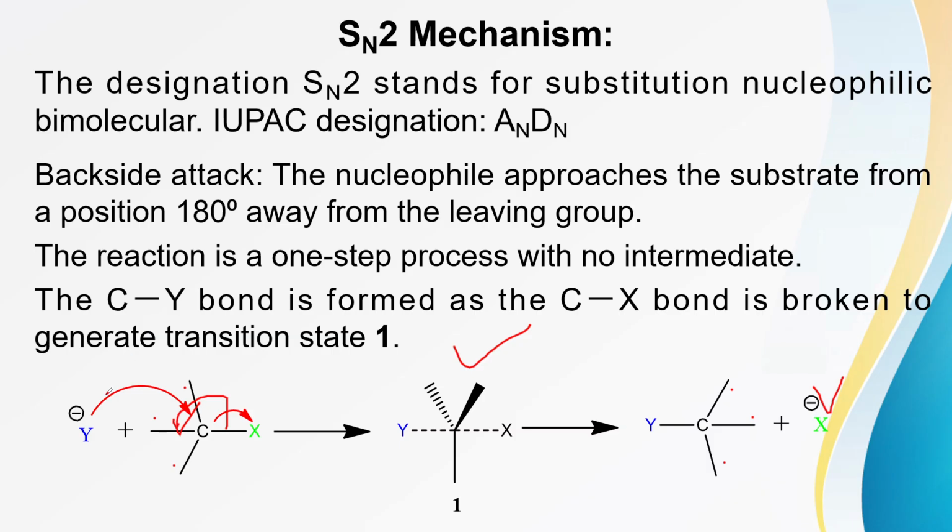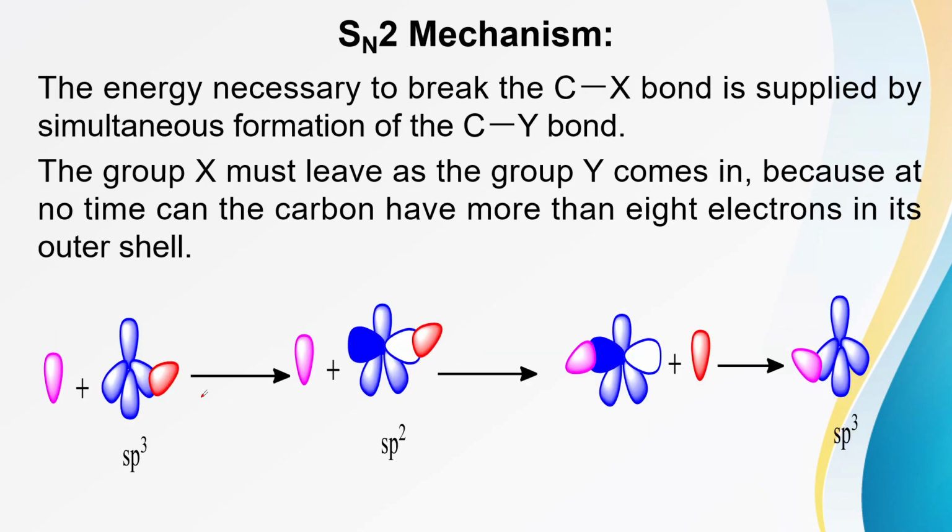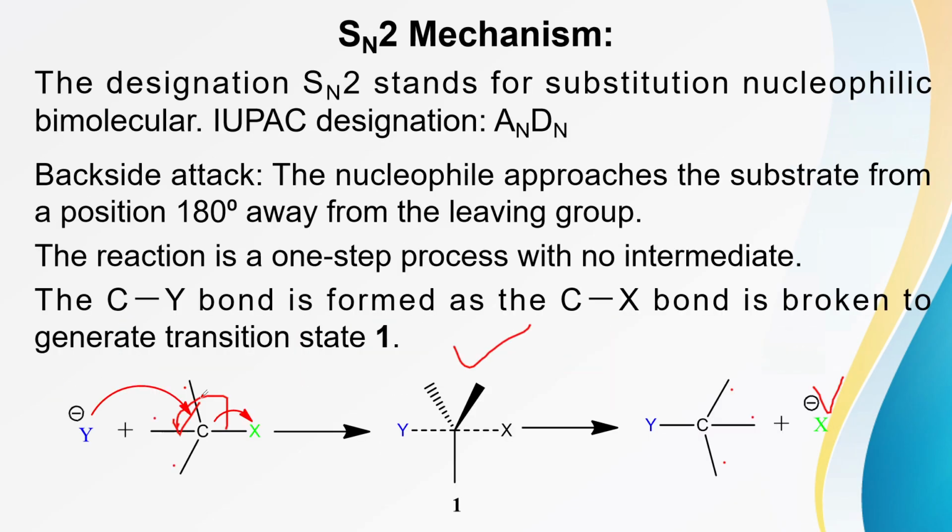So when the C-Y bond is formed, energy is released. This released energy is utilized to break the C-X bond, the carbon-leaving group bond. So C-Y bond formation releases energy which is utilized to break the C-X bond.